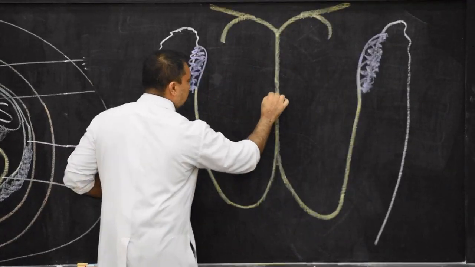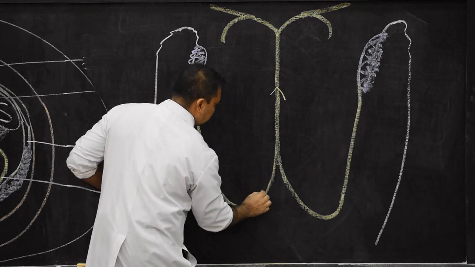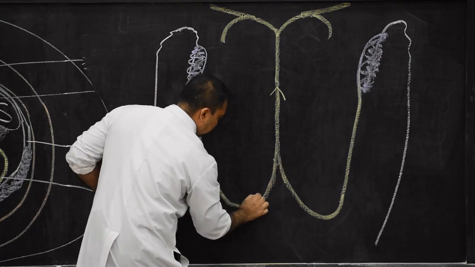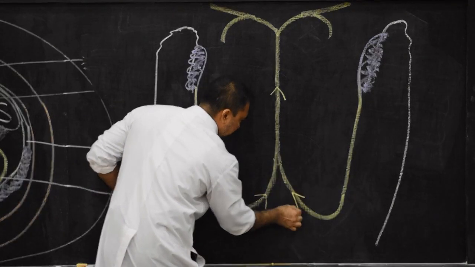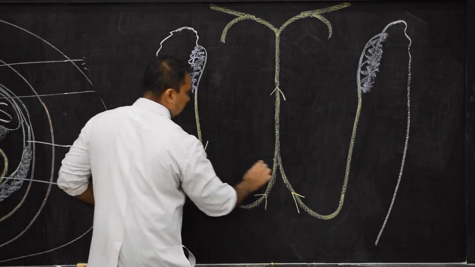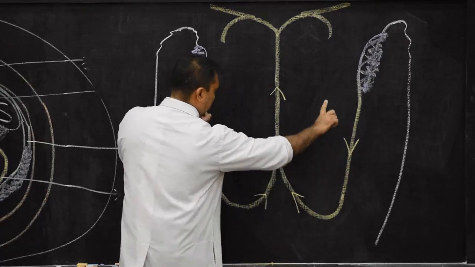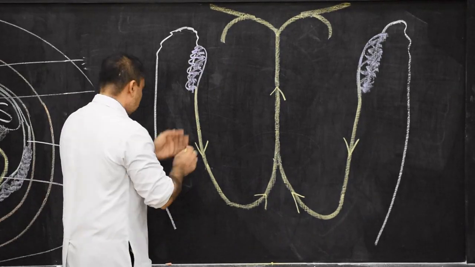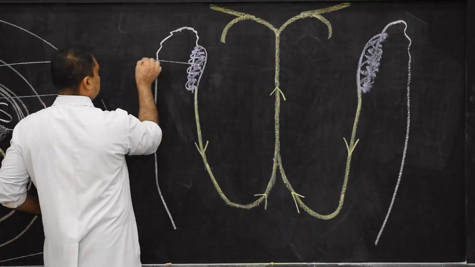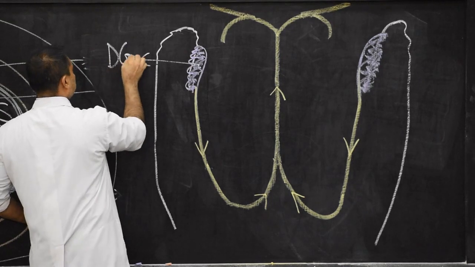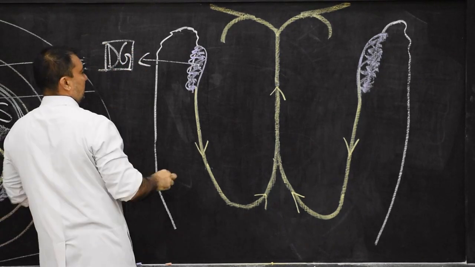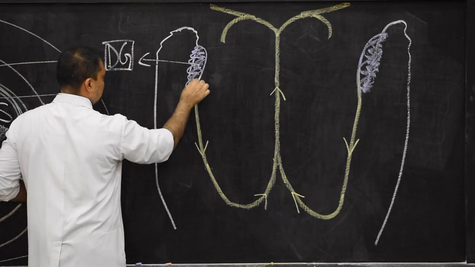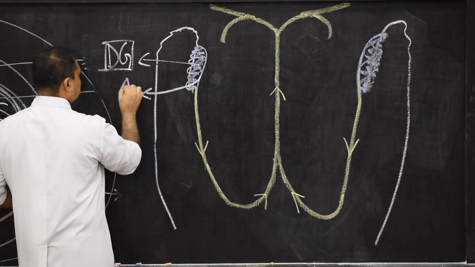Here we put an arrow in this direction to show that the fibers will be passing in this direction. This is how we show the arrows. Very clear. Here we mark this structure as dentate gyrus. Here we mark this structure as alveus.